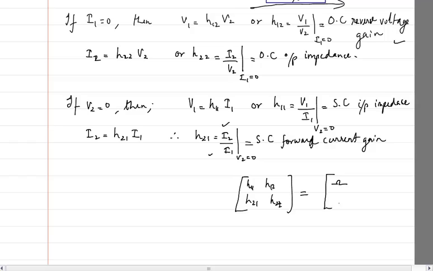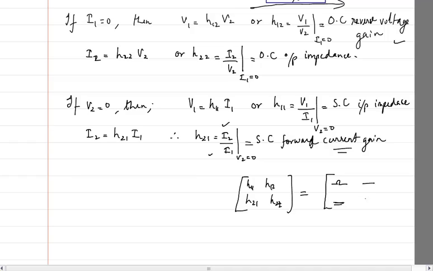Voltage gain has no unit, because gain has no unit. H21 was forward current gain, so here again we have no unit.